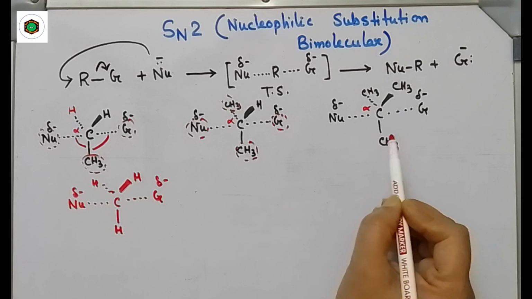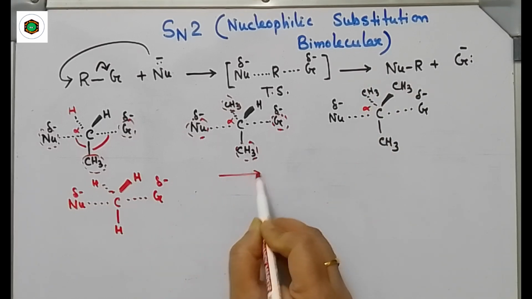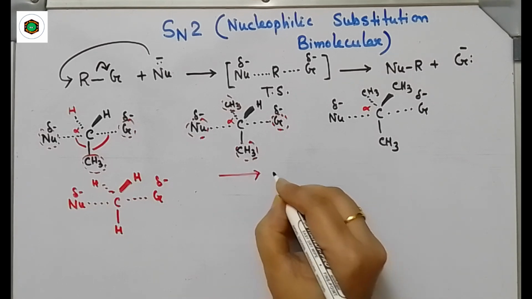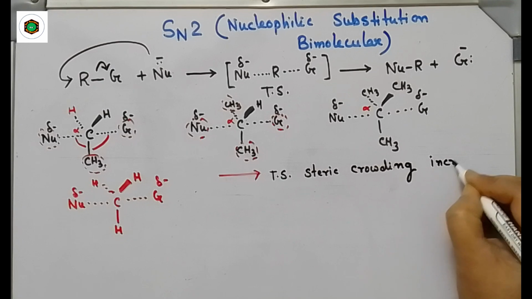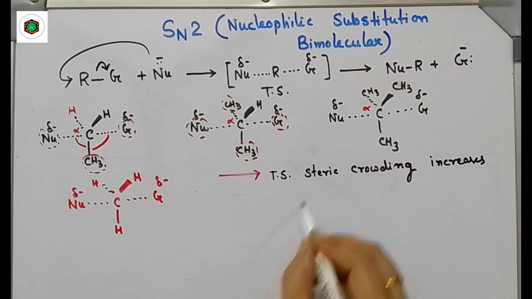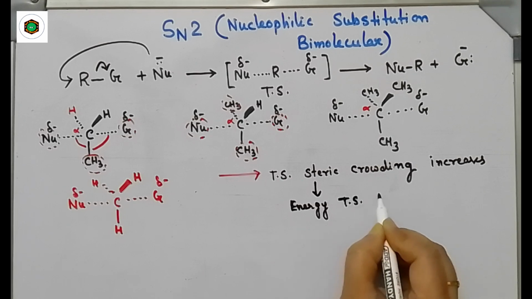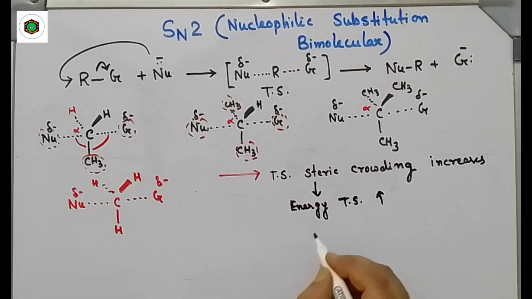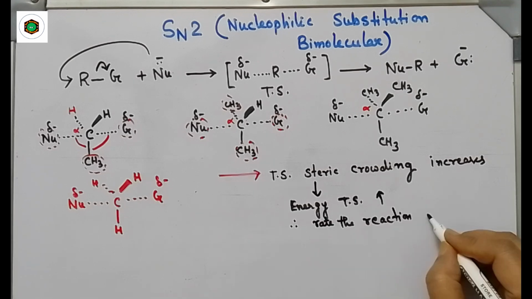Here more crowding is there because 3 methyl groups are there. So in this direction, in the transition state, steric hindrance increases. Energy of the transition state will also increase. Therefore, the rate of the reaction decreases.